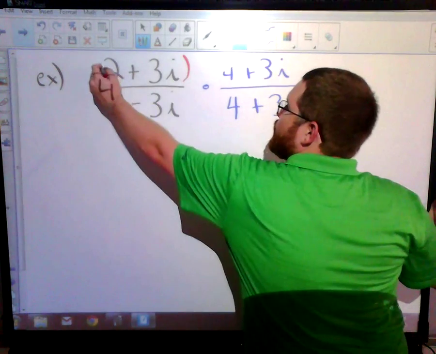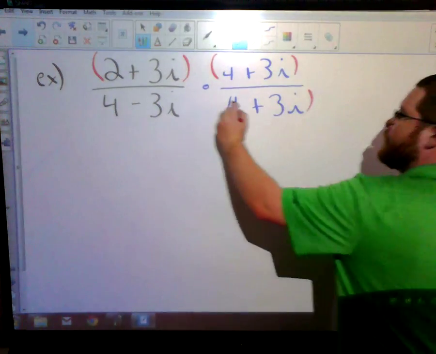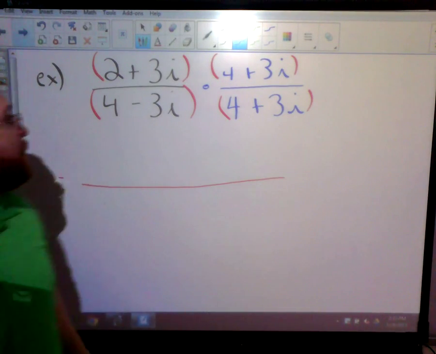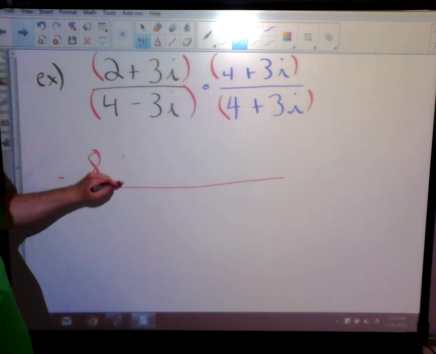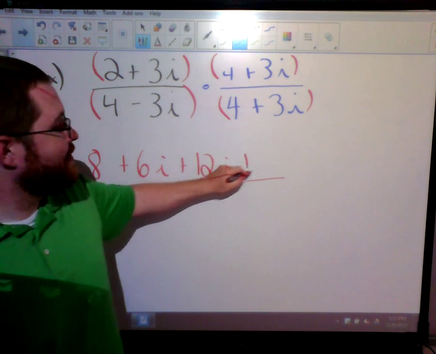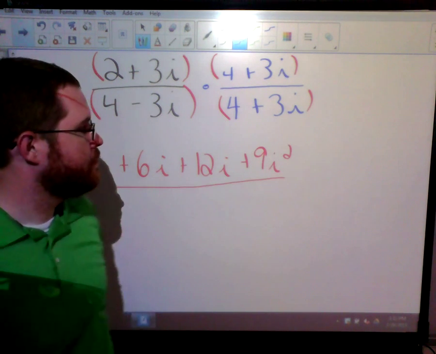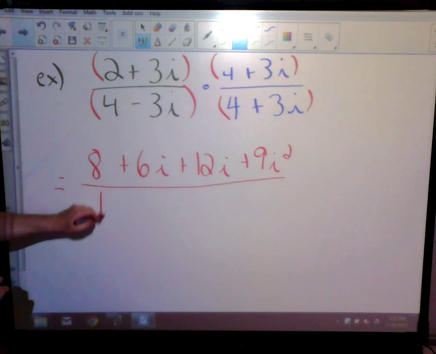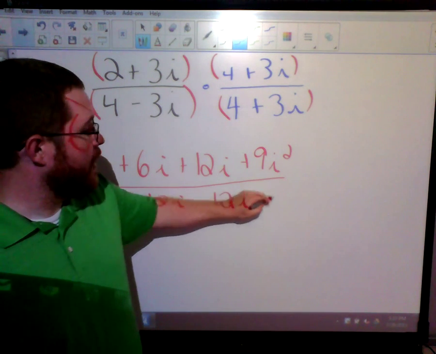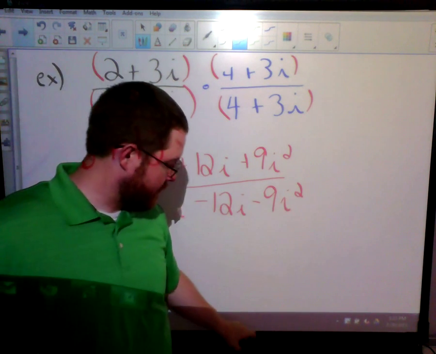It helps if you put them in parentheses, so let's multiply everything out on top and everything out on bottom. On top, you get 8 plus 6i plus 12i plus 9i squared. On bottom, you get 16 plus 12i minus 12i minus 9i squared.